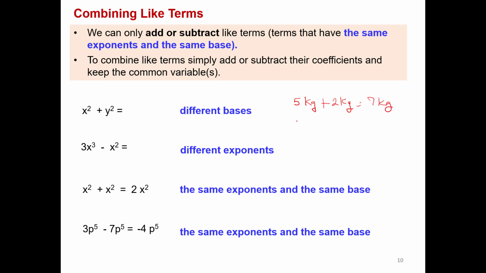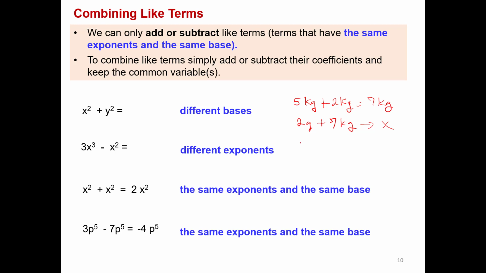Then can we add, for example, 2 grams plus 7 kilograms? The answer is no, because we don't have the same unit. It's a similar concept: the units must be alike. In this case we cannot add these two numbers together.